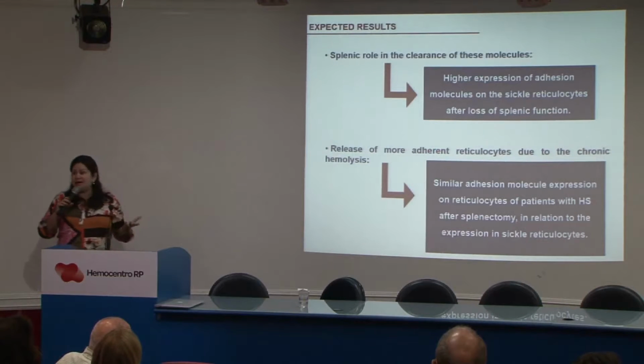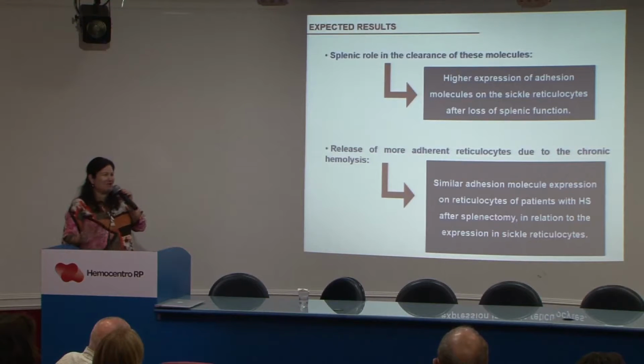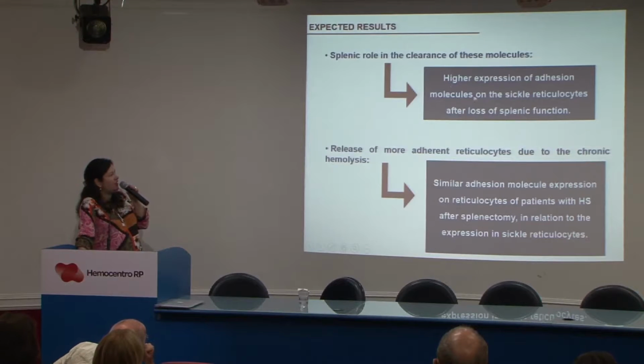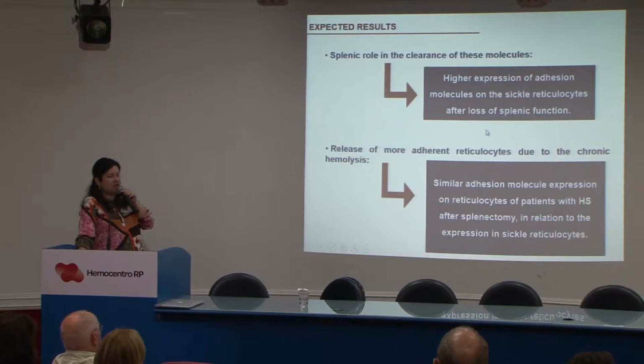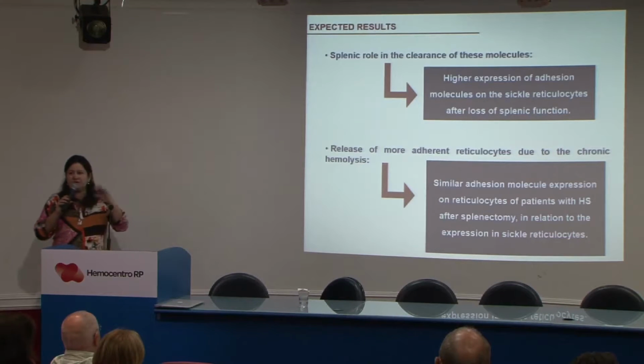And what we expect to see, this is speculation, but we expect to see higher expression of adhesion molecules on sickle cell reticulocytes after the loss of splenic function, showing the splenic role in the clearance of such molecules. And we expect to see a similar adhesion molecule expression on reticulocytes of patients with hereditary spherocytosis after splenectomy in relation to the expression in sickle cell reticulocytes.